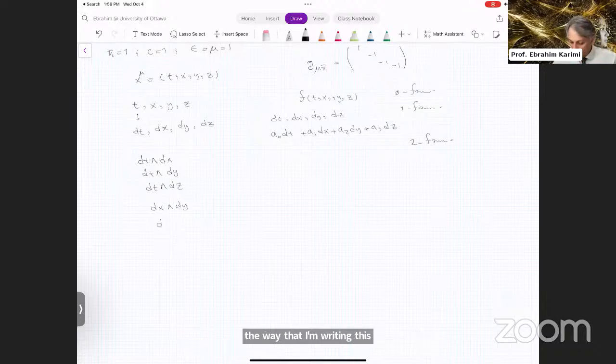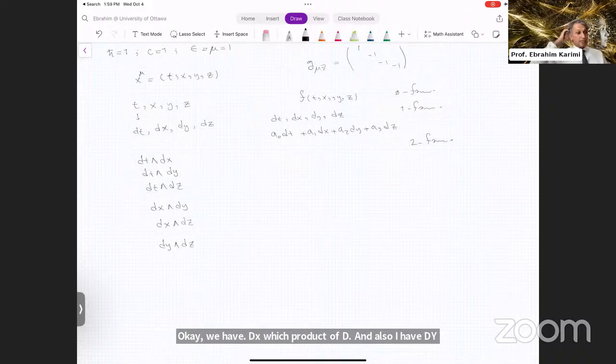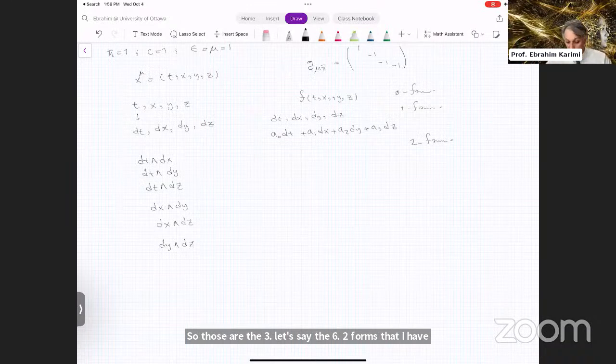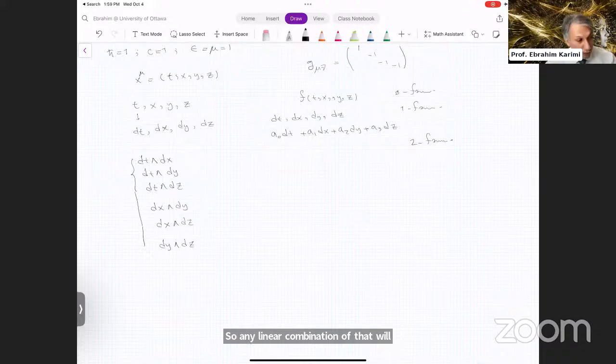Then dx wedge dz, and also dy wedge dz. So those are the 6 2 forms that I have. Any linear combination of them will also be a 2 form in that specific coordinate system.